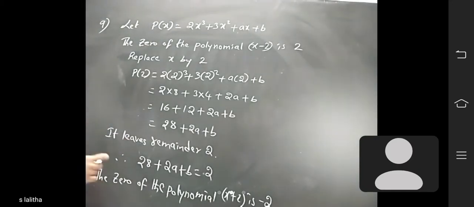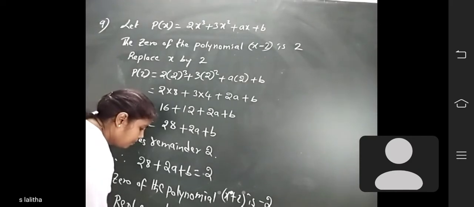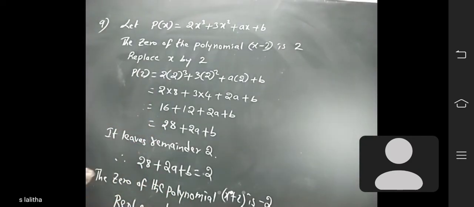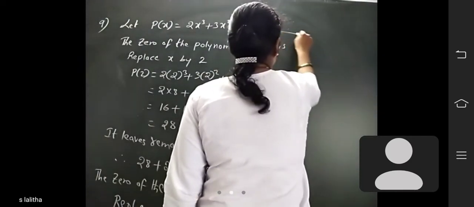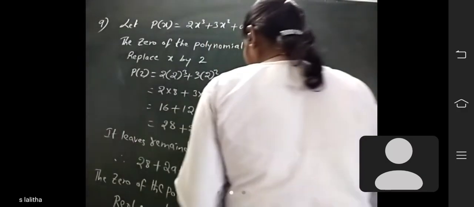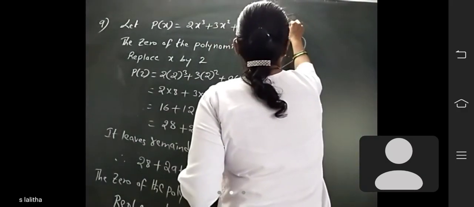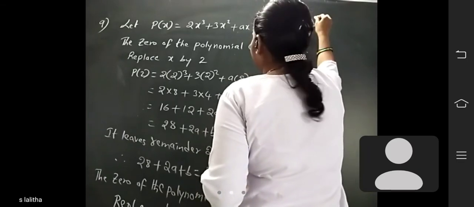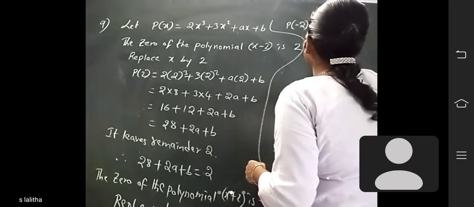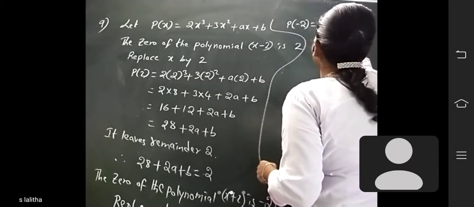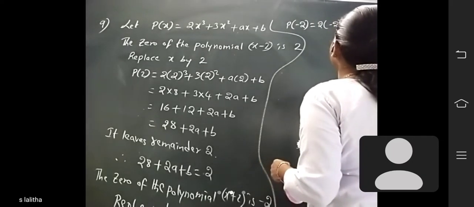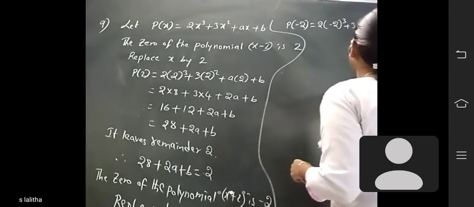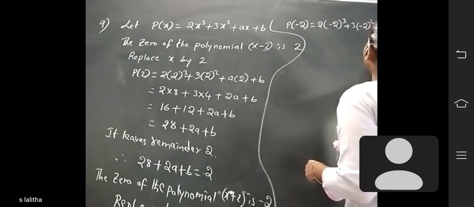Now same, replace x by minus 2. So p of minus 2 equal to 2 into minus 2 whole cube plus 3 into minus 2 whole square plus a into minus 2 plus b.